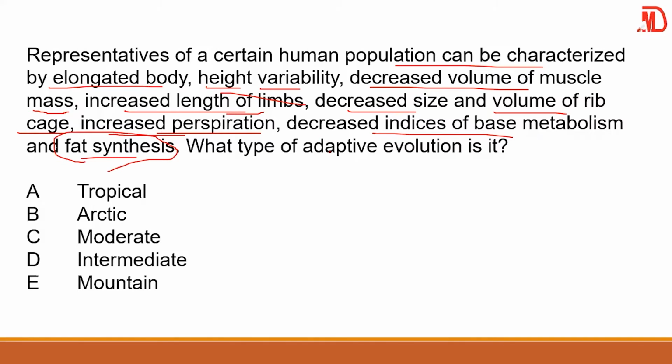So what type of adaptive evolution is it? Guys, I don't know how to explain this, but Faustina, this is you, and you are what? Tropical. You are tropical kind of person. So don't confuse yourself with Arctic, which deals with people in cold weather, the very cold temperate zones.